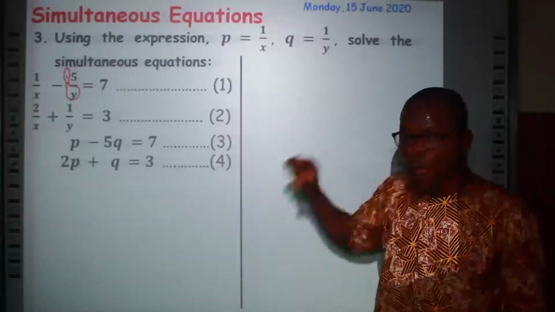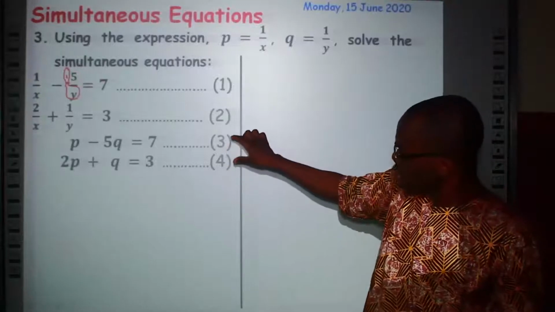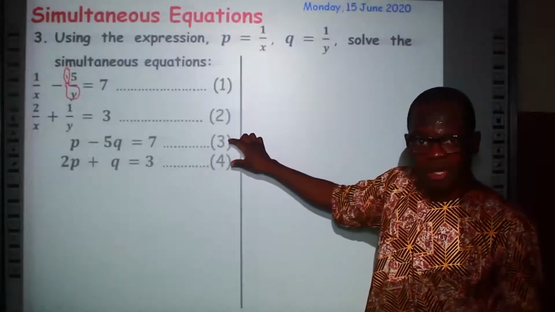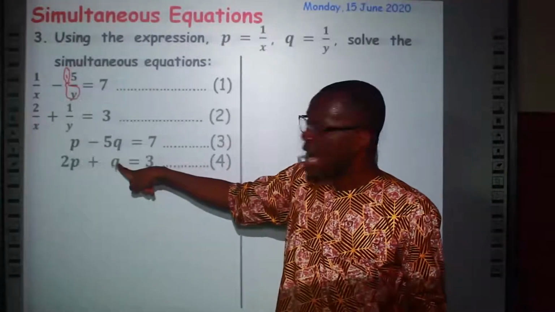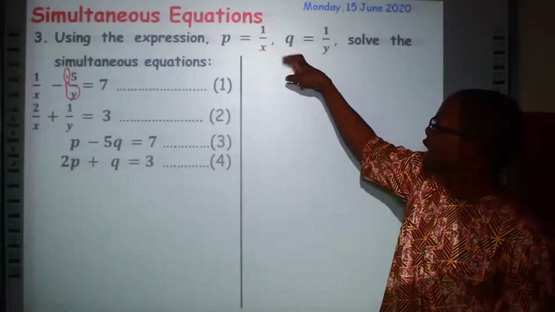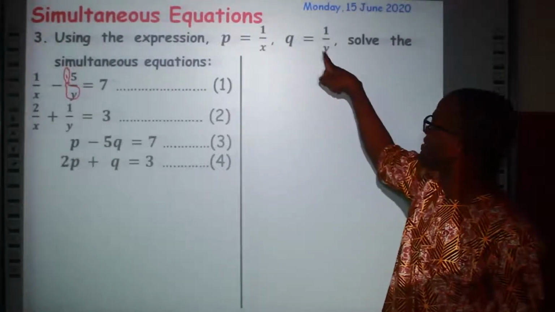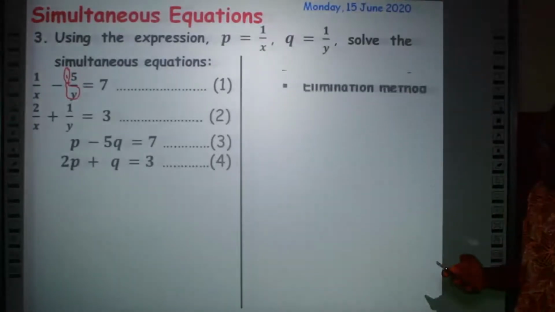All we need to do now is to solve these derived simultaneous equations to get the values of P and Q. And once we've done that, we can then put the values of P and Q there to get the corresponding values of x and y. Alright? So now let's proceed.